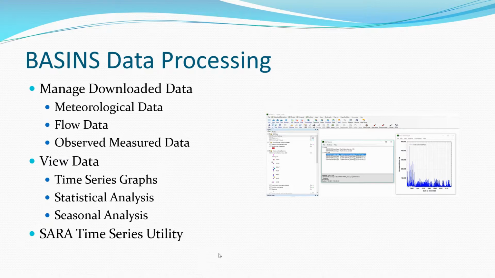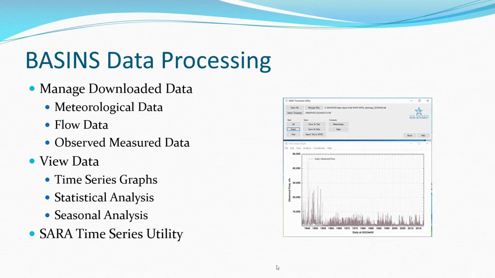You can do statistical analysis, seasonal analysis. So it has a lot of built-in tools. It's very rudimentary to use, but it is functional. Another utility that's available that can look at BASINS output files as well as WDM files is the Arrow time series utility, which was developed outside of BASINS, but pretty much has the same functionality, just a little bit easier to use.